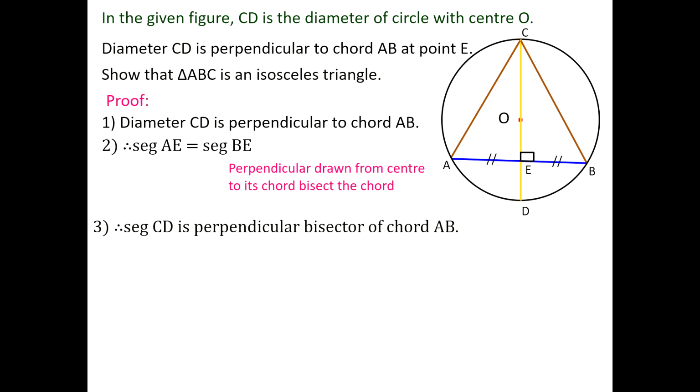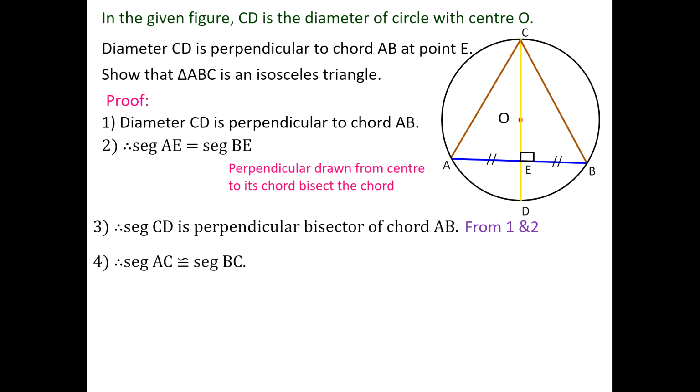So we have written from 1 and 2. Now you know perpendicular bisector theorem, what it is. Any point lying on the perpendicular bisector of a segment is equidistant from its end points. That means AC will be equal to CB because point C is lying on perpendicular bisector of AB. Which is the perpendicular bisector of AB? Diameter CD.